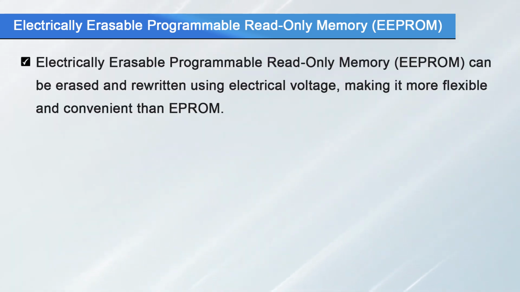While on the other hand, the next type, which is called EEPROM, the electrically erasable programmable read-only memory, can be erased and rewritten using electric voltage, making it more flexible and more convenient than the EPROM, or the erasable programmable read-only memory.